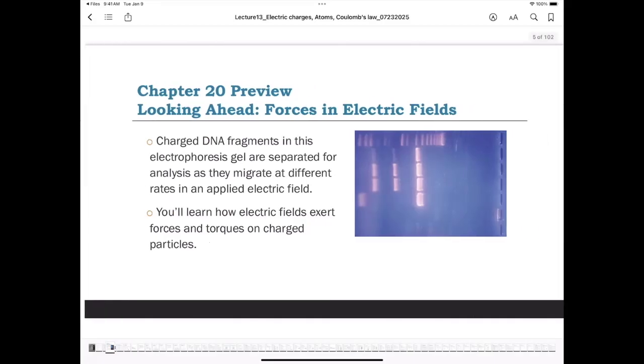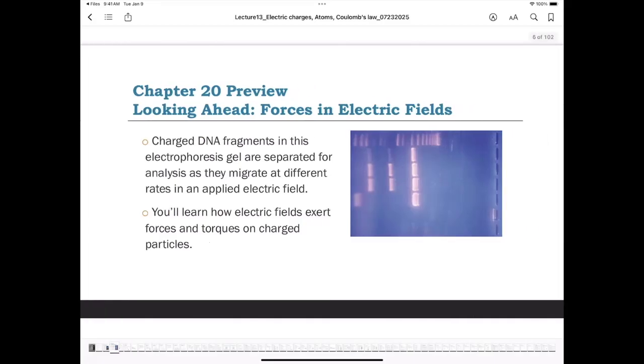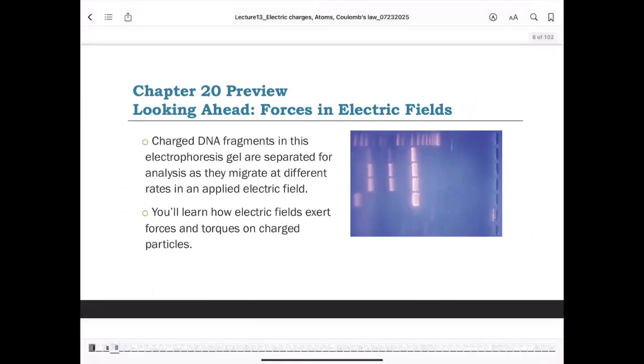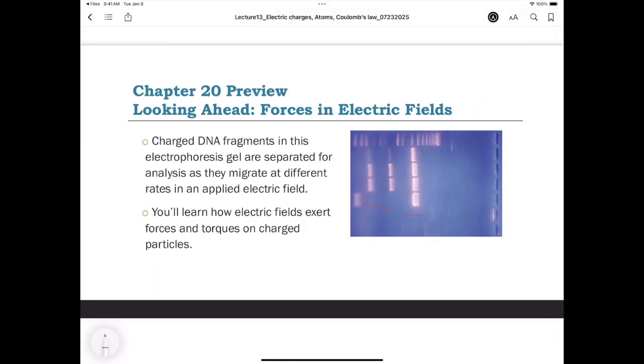We will also learn about forces in electric fields, like charged DNA fragments in an electrophoresis gel. As you can see, here are some gels. The fragments are separated for analysis as they migrate at different rates in an applied electric field.